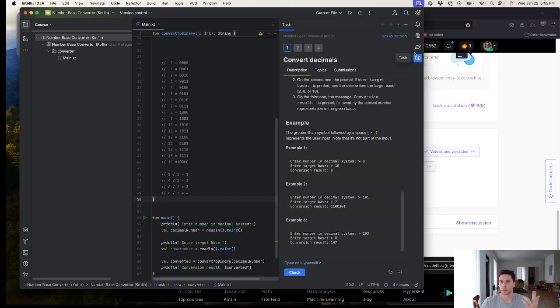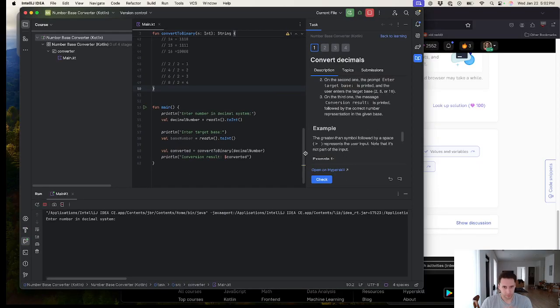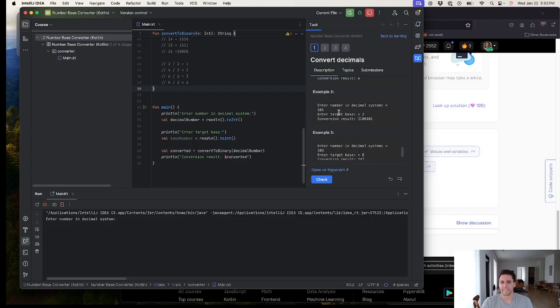Okay, let's give it a crack. Hopefully there's no infinite loop here. 101. Wrong. Fuck.